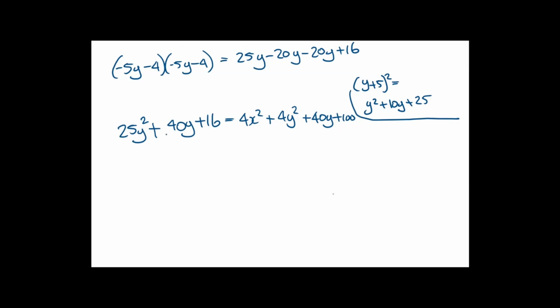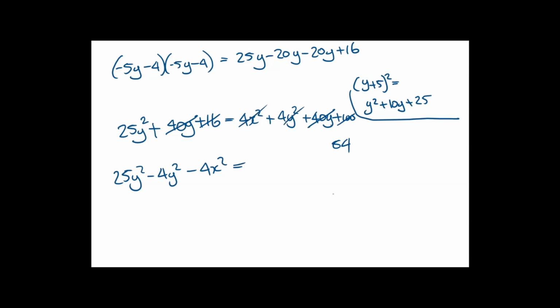So what that means is that these 40y's will cancel. Let's take 16 away from both sides to get it into 1. So 25y squared minus the 4y squared minus the 4x squared.